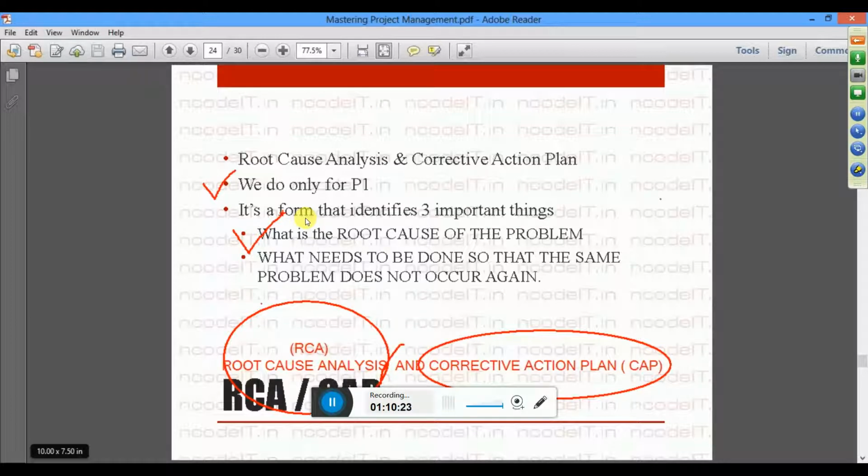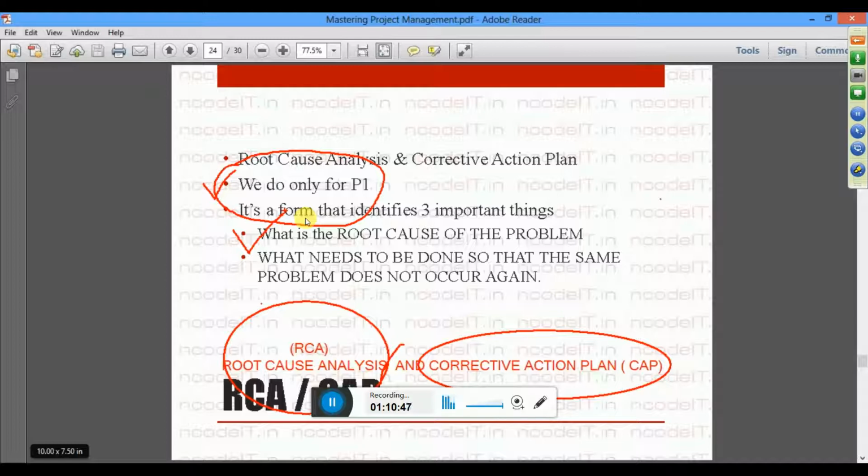Usually for all P1 tickets, your team lead does an RCA CAP. You can say we also do an RCA CAP. For example, there was an out of memory error, so we solved the out of memory error, then we did an RCA CAP and sent it to the director.